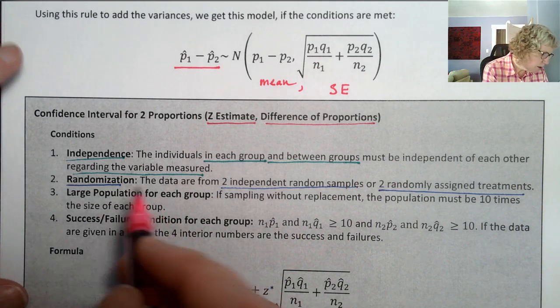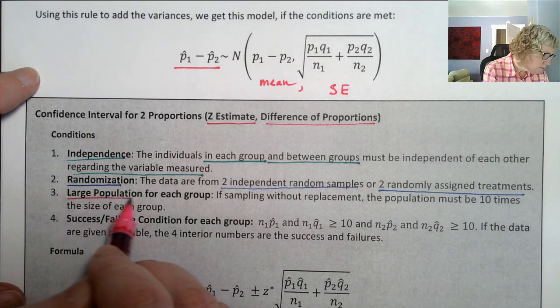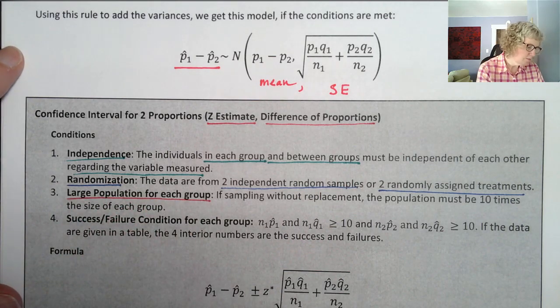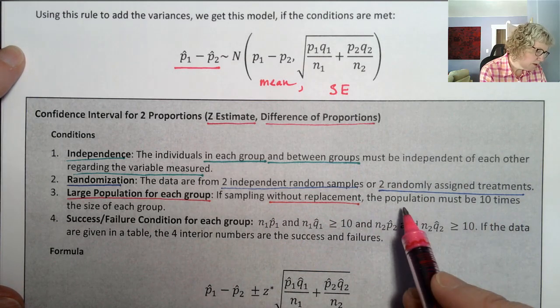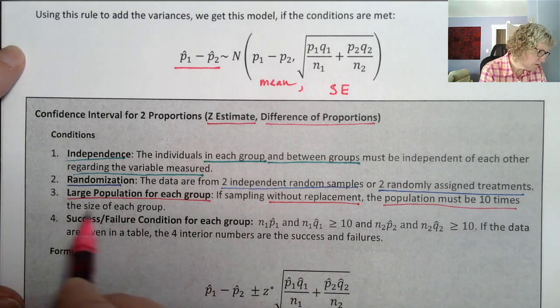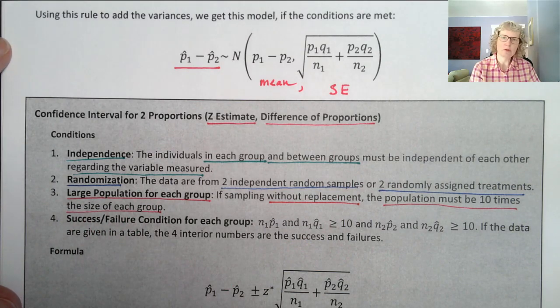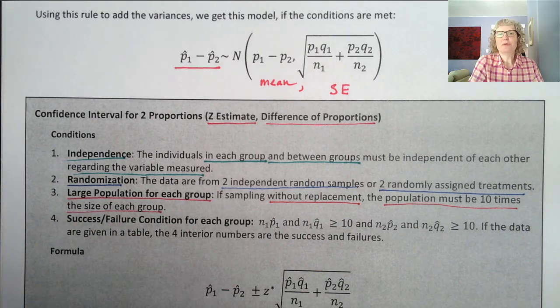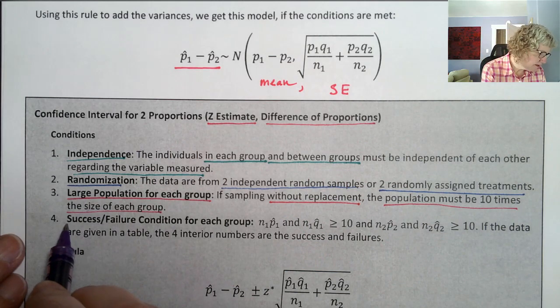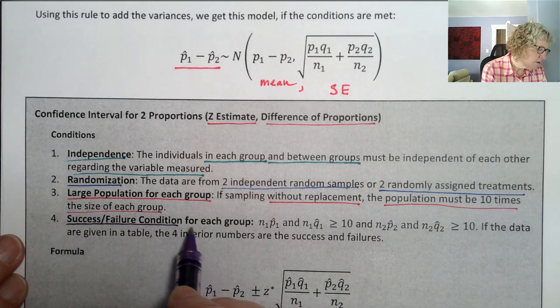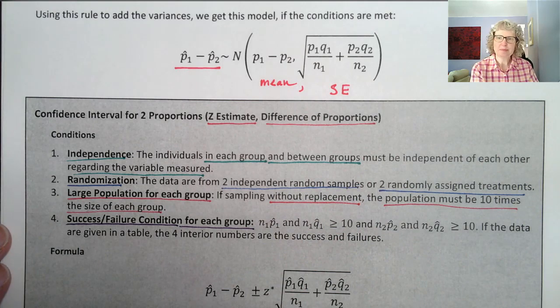Also have large population for each group, okay? So if sampling without replacement, the population must be 10 times the size of each group. So you can see we really have the same conditions, it's just we're now doing it for each group. And what's my fourth color? Purple. The success failure condition for each group.